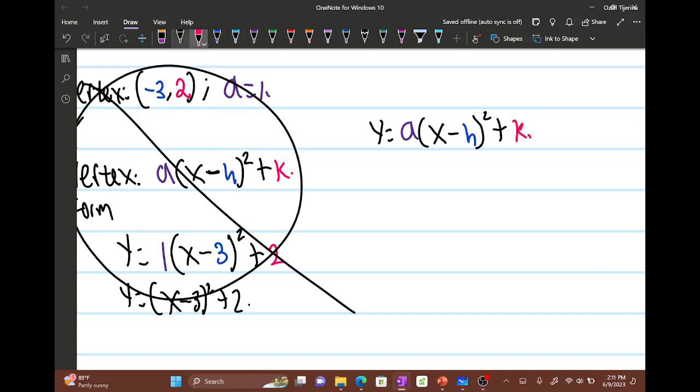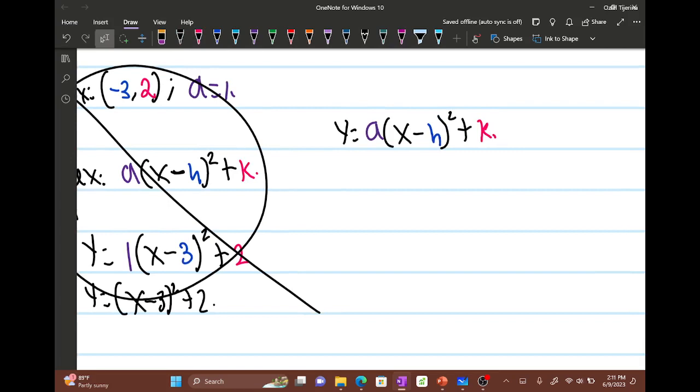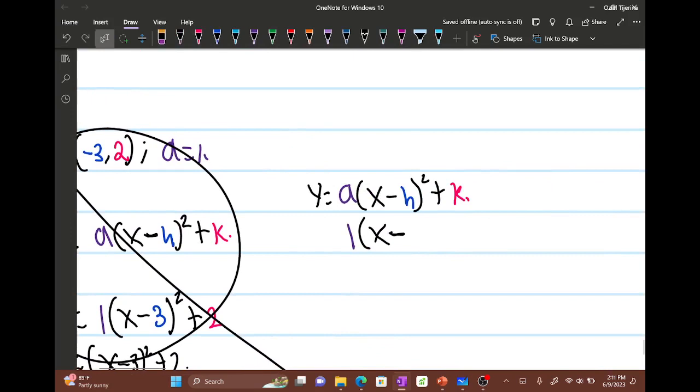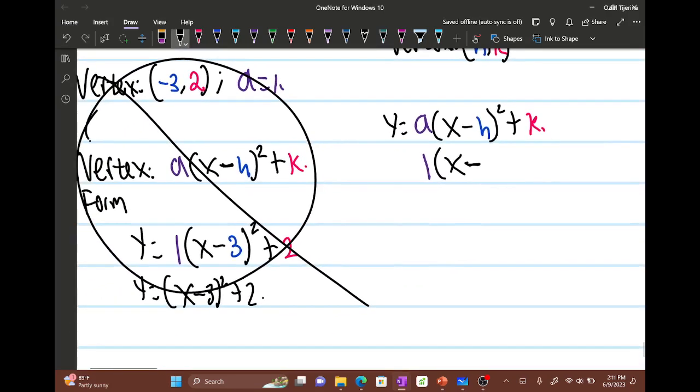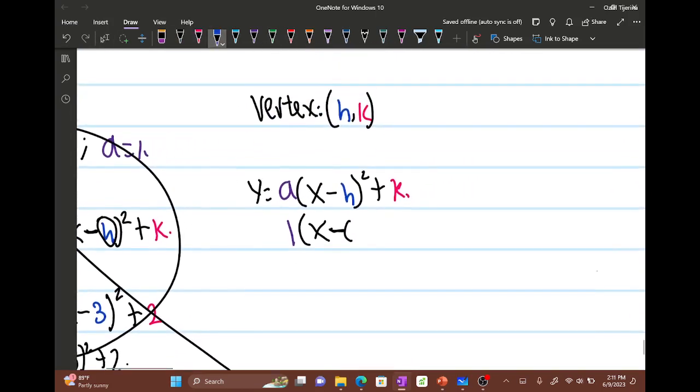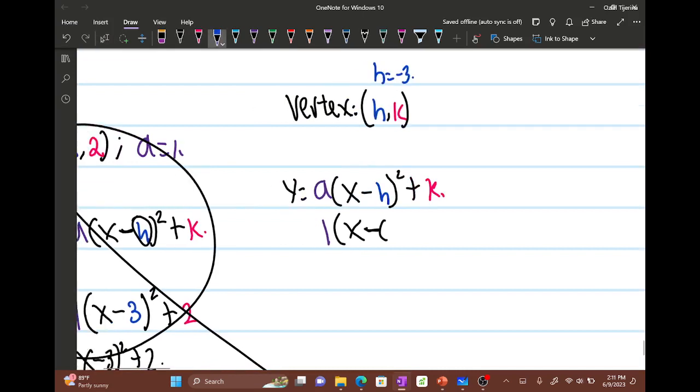And so we would then say, well, this is 1 times x, and then minus, and of course the vertex is h comma k, right? But we have to see that h is negative, so we're literally going to put parentheses and plug in h equal to negative 3.